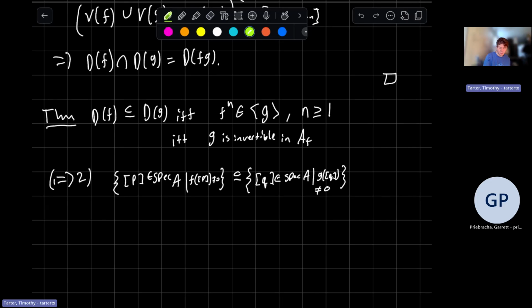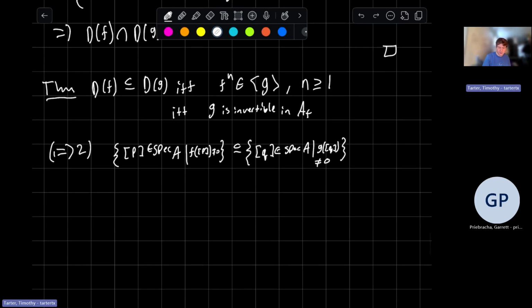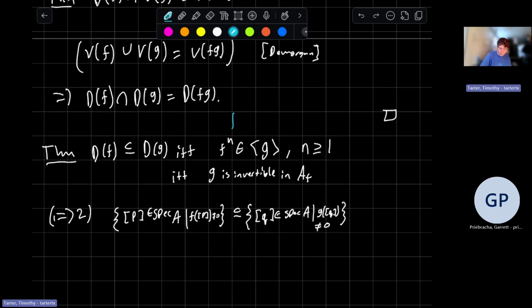I know it has something to do with the radical ideal. Like, I think this is saying that f is in the radical ideal of g. But then that means that it vanishes.